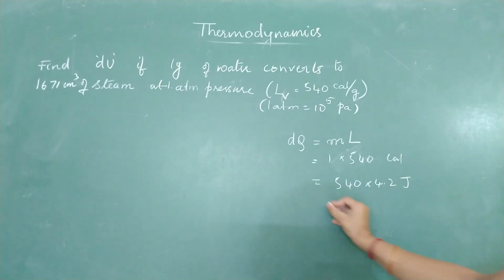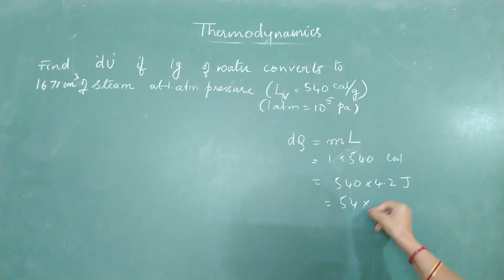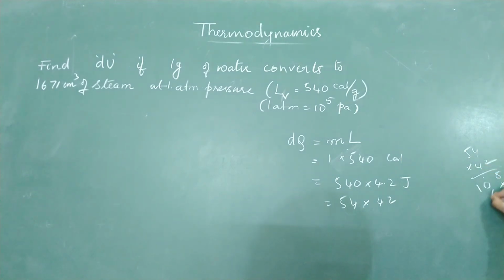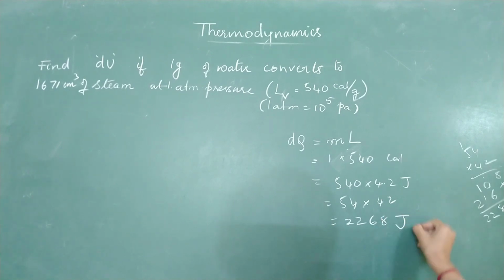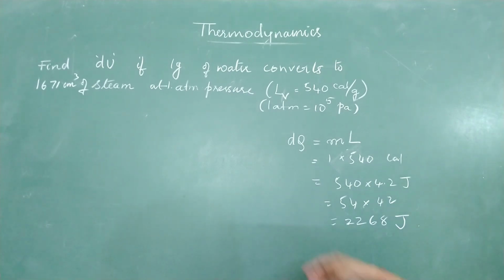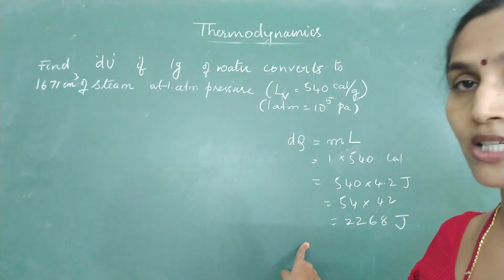Find out the value. 54 into 42. 2268 joules. See, we have calculated the amount of energy required to convert 1 gram of water into steam.